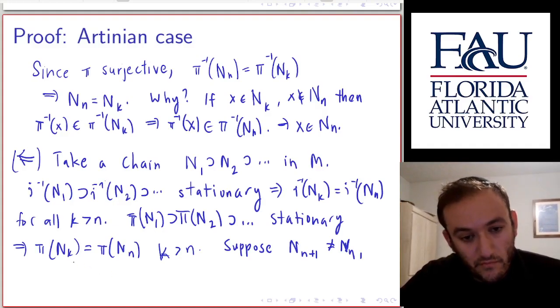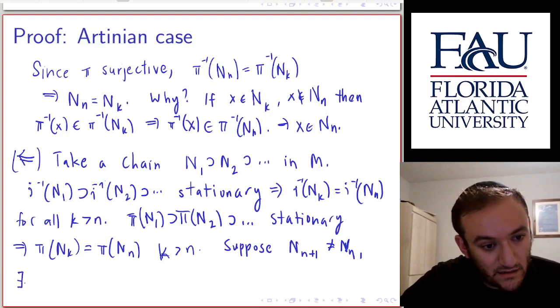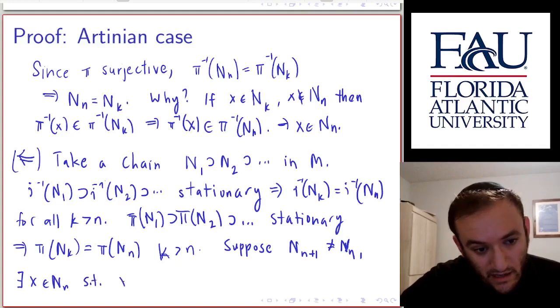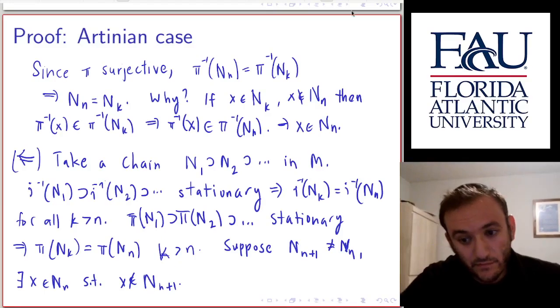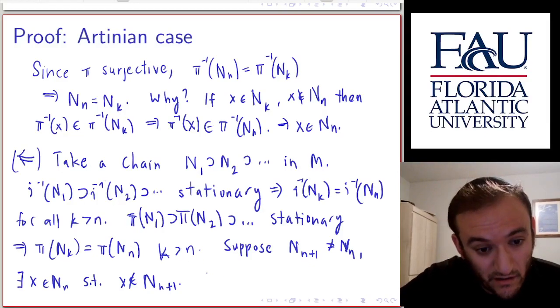Then that would imply that there exists x in n_n, because we're in a decreasing chain again, such that x is not in n_{n+1}.